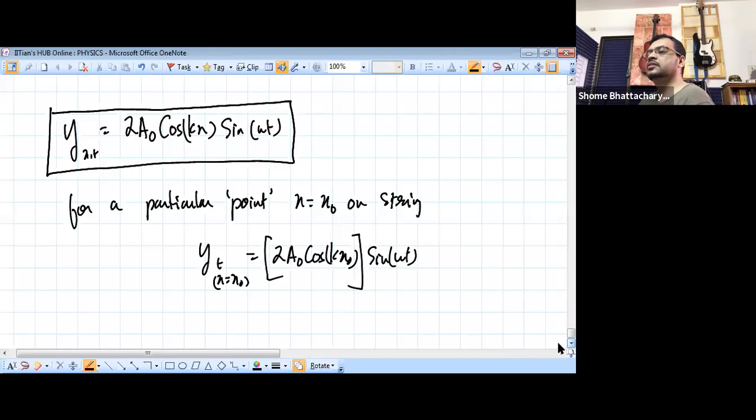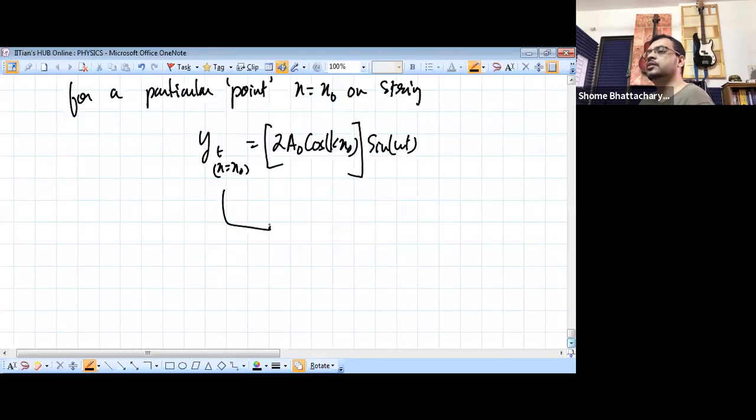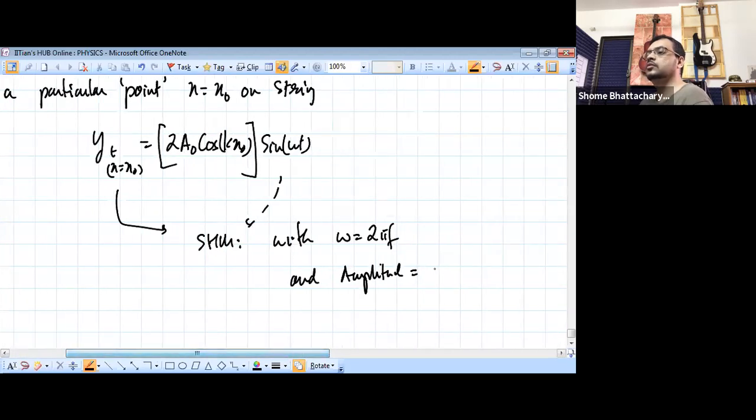So you can see that the displacement of that point is an SHM, the simple harmonic motion with omega equal to 2 pi f, okay, and amplitude equal to mod of 2a naught cos kx naught. Okay.